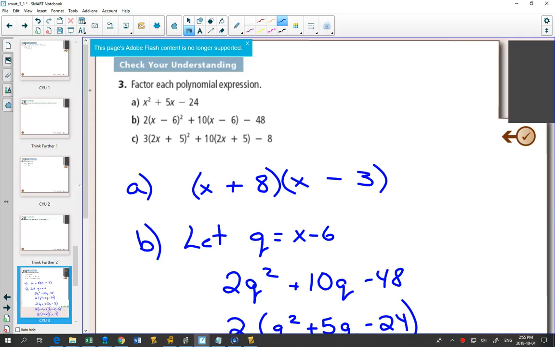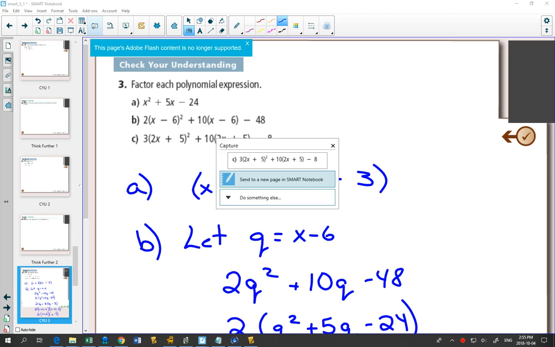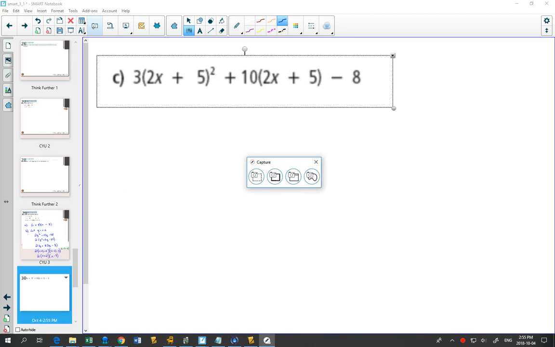Do you want to see the other way that you would have to do it? No? You just like this shortcut is good? All right. For the last one, what letter do you want to use this time?